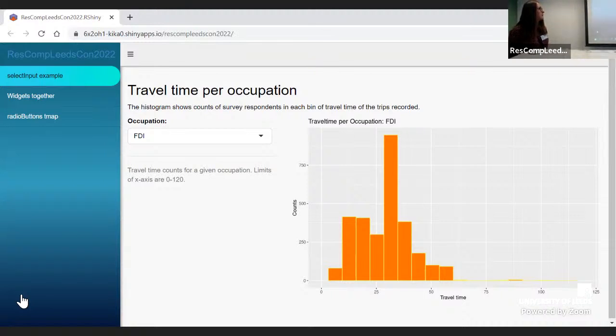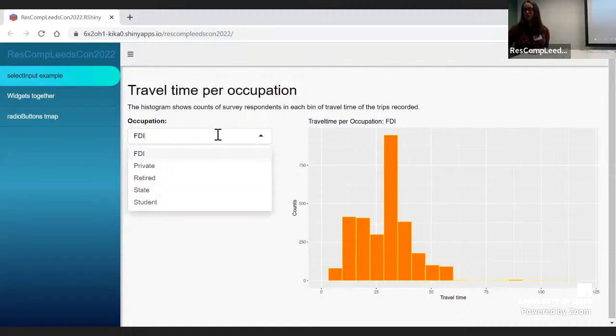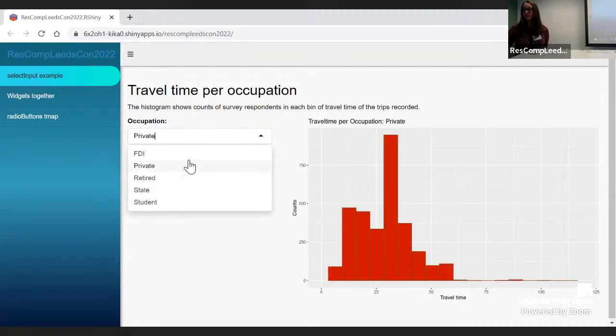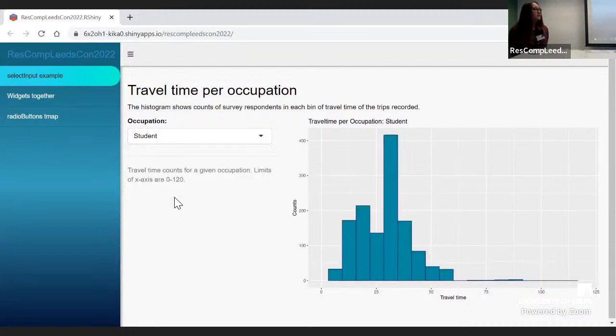The select input example, the slider and play buttons. So in the first example, it shows the travel time of trips that were recorded in the survey of different occupations, such as work, direct investment, or private or student. The plots look almost identical because the data was randomized.